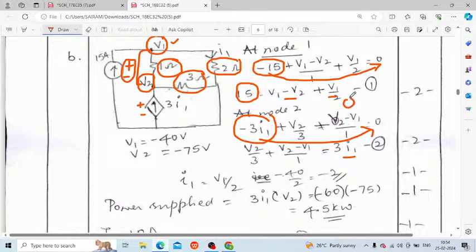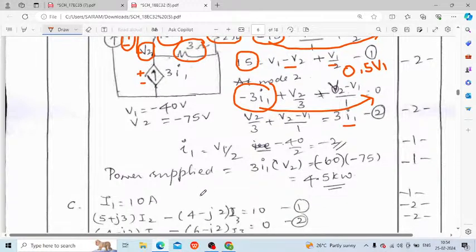What happens is V1 by 2 becomes 0.5, so you get 0.5 V1 here, and 0.5 V1 plus V1, that is 0.5 plus 1, so I get 1.5. So the very first equation will become 15 is equal to 1.5 V1 minus V2.